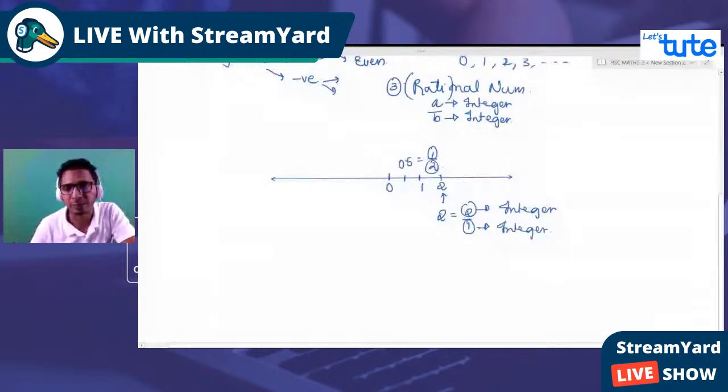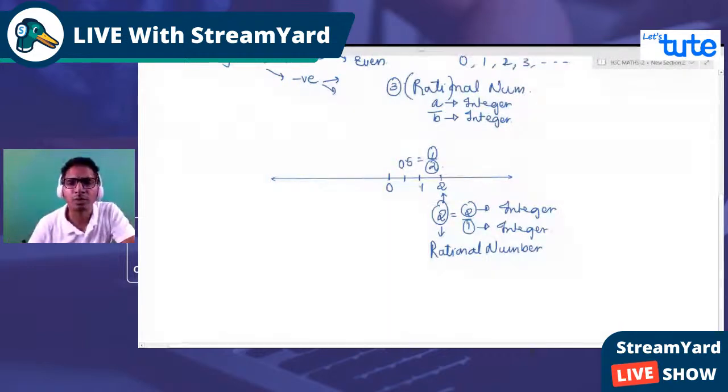Whenever we take the ratio of two integers, it is called a rational number. So in that case, this 2 also becomes a rational number. So all integers will be rational numbers? Yes, of course. All integers will be rational numbers, correct?